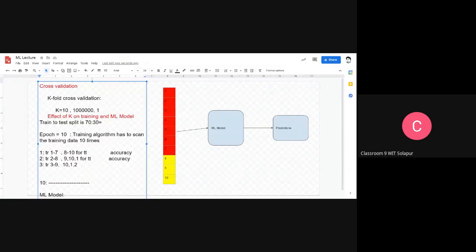If someone didn't understand, you are absolutely free to ask, because these concepts are very important, and I would be very happy to clear a doubt, because I don't want you to accumulate doubts. If you have any doubt, get it cleared there and then. Okay, I hope you understood cross validation.